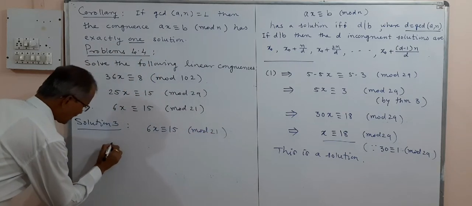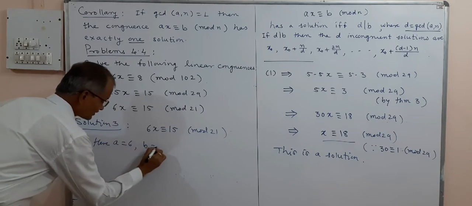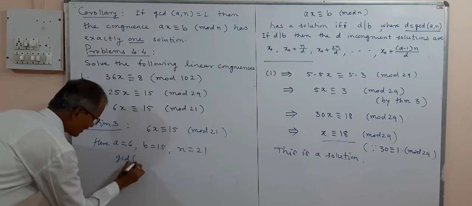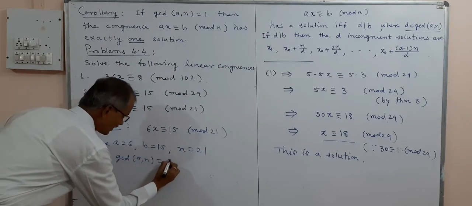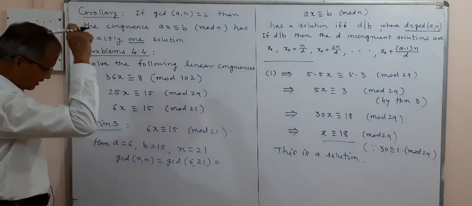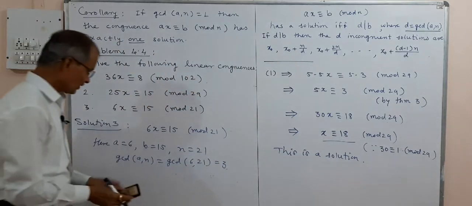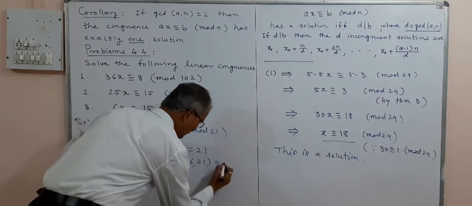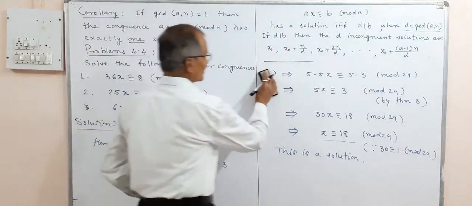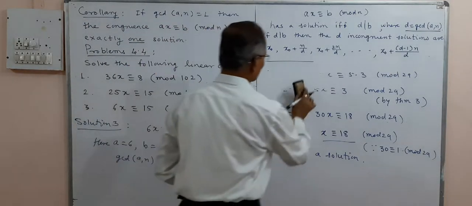Now again, a is equal to 6, b is 15, n is 21. What is the GCD of a and n? GCD of 6 and 21 is clearly 3. So 3 divides 15, b. So this is d, and d divides 15. D is the GCD.